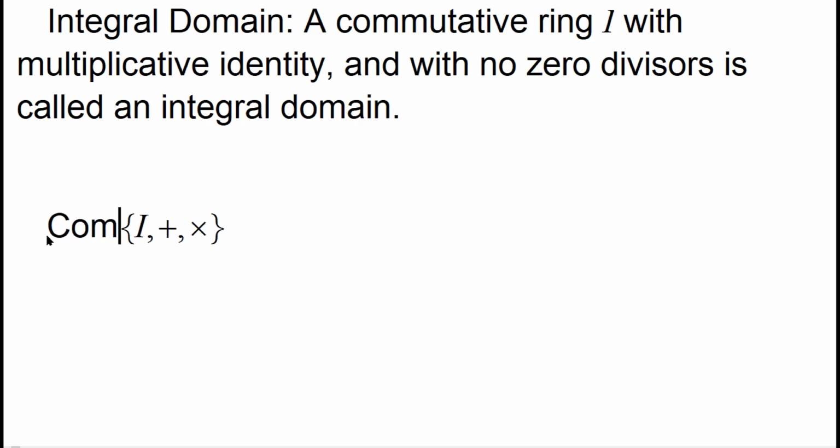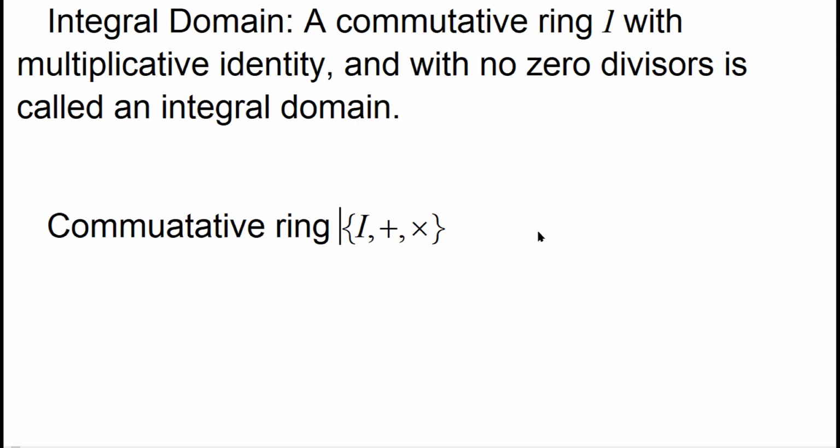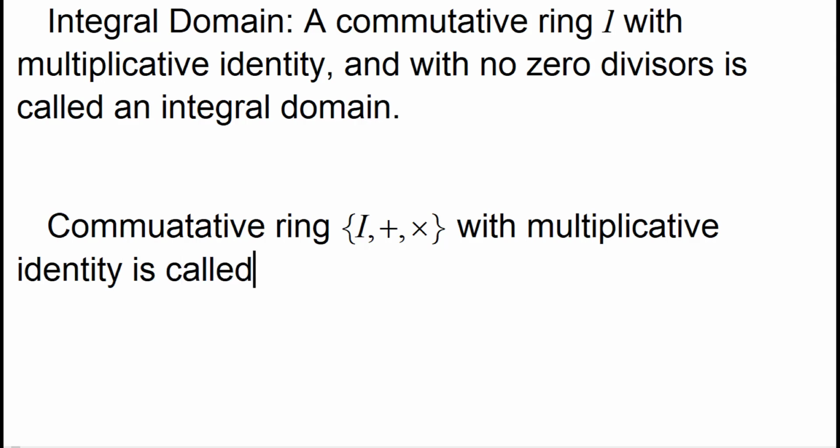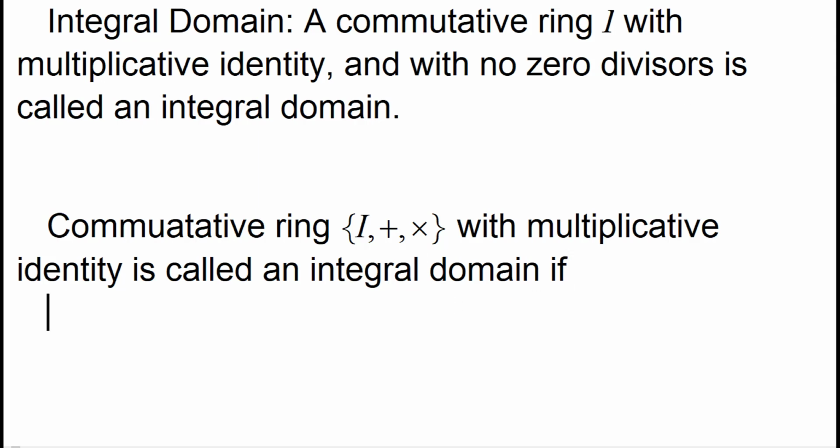So here, a commutative ring with multiplicative identity is called an integral domain if for any two elements a and b of this commutative ring, if the product of any two elements is zero, then that will have to imply that at least one of them has to be zero.